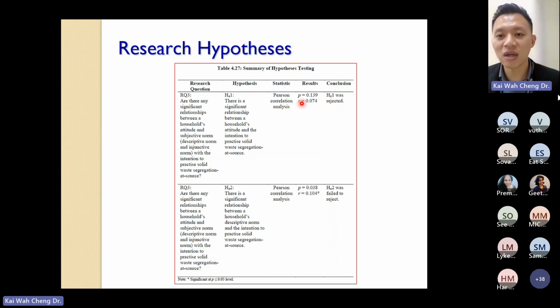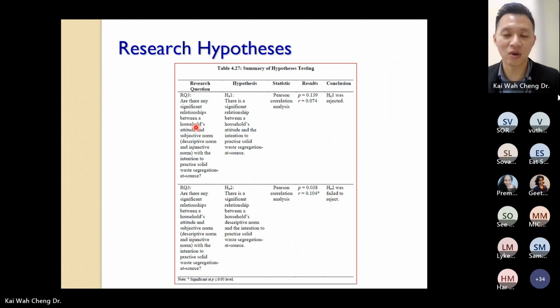The p-value and r-value are the important values under a Pearson correlation analysis, and you should understand the information behind these values so that you will be able to conclude whether the hypothesis was rejected or failed to be rejected.